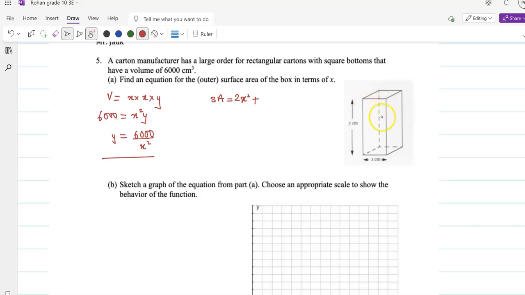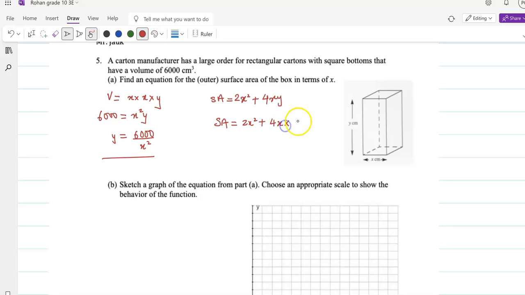Then what is the area of this rectangle? X times Y. How many such rectangles are there? Correct, 4. So 4xy. So surface area is 2x squared plus 4x.